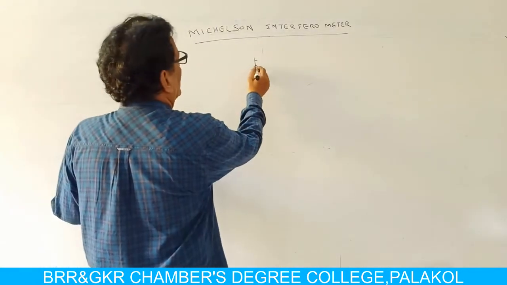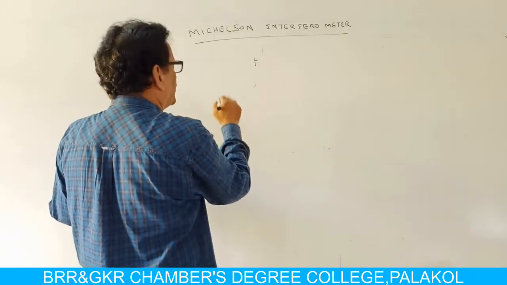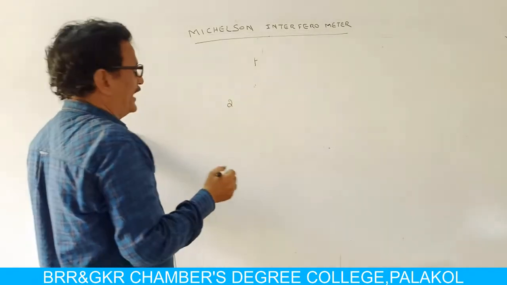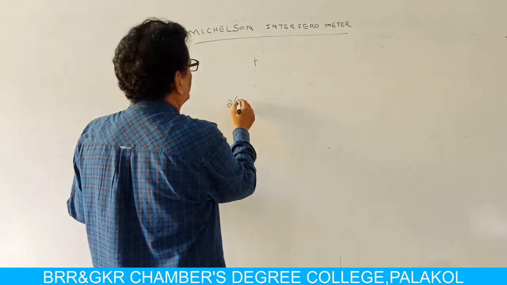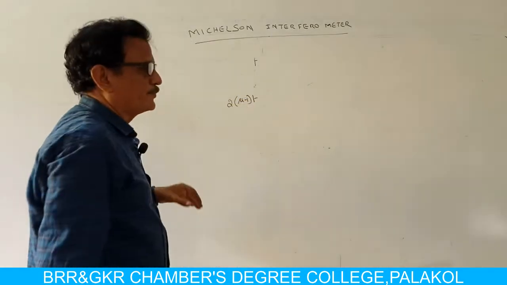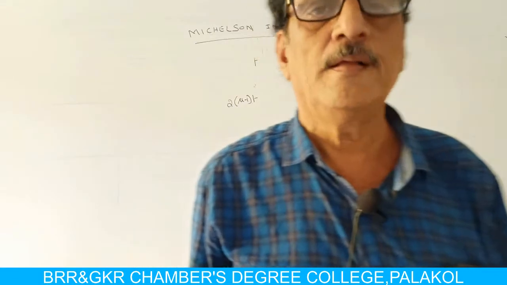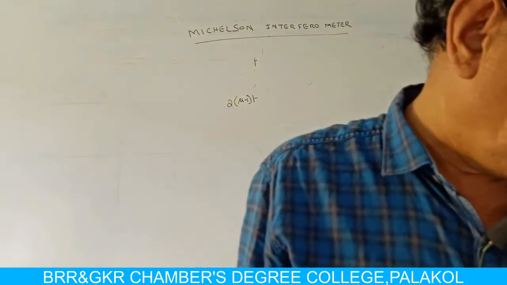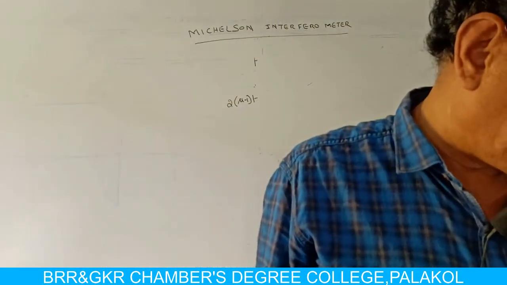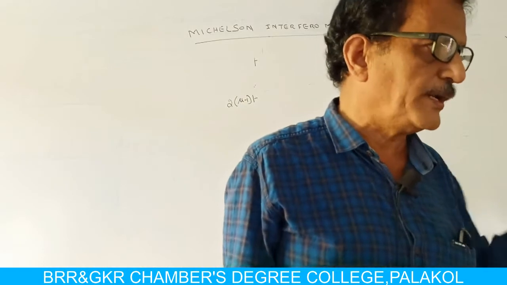The glass plate introduces an equivalent path difference 2 into mu minus 1 into T, where mu is the refractive index of the glass plate and T is its thickness.